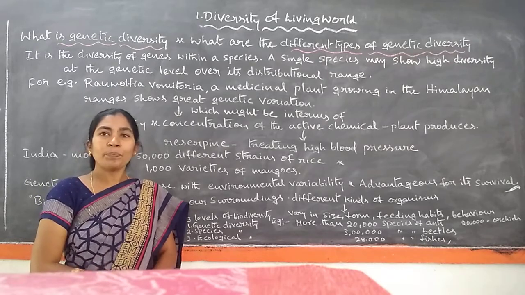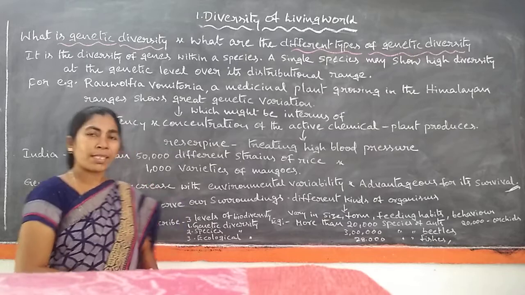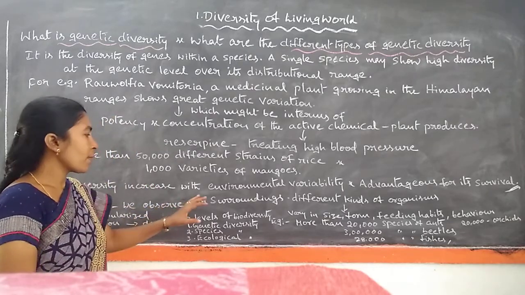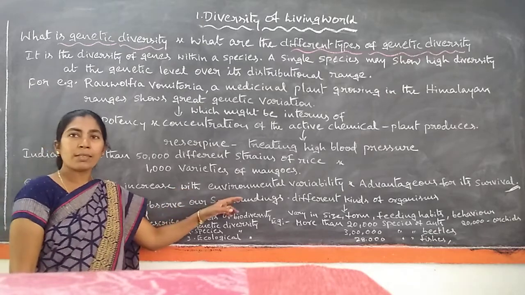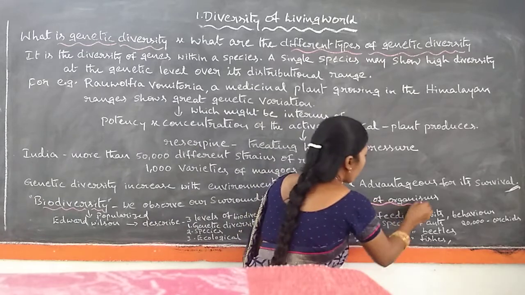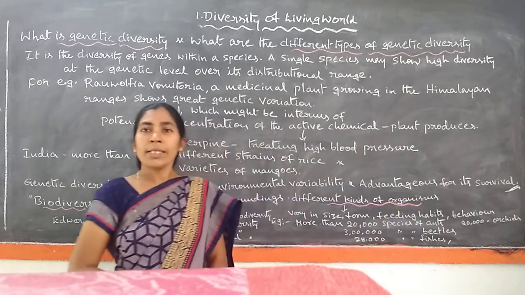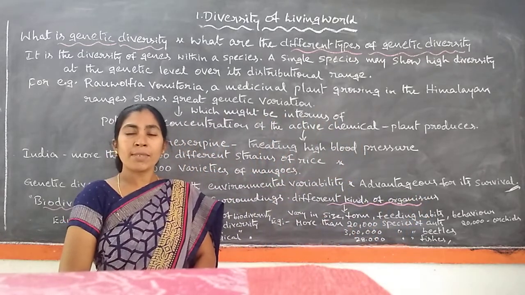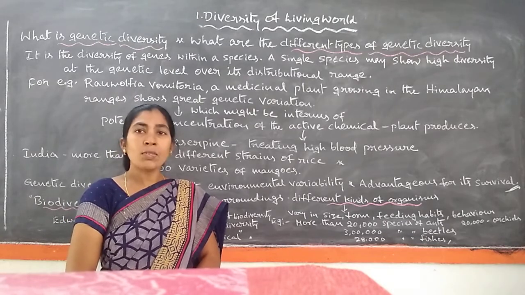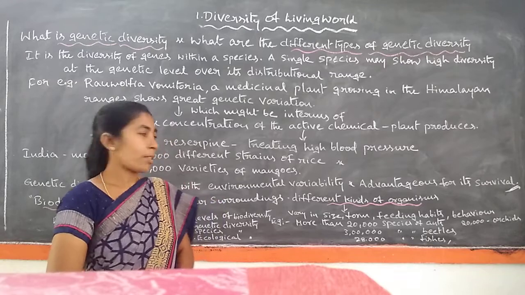Biodiversity means variations that occur in living organisms. When we observe our surroundings, we see different kinds of organisms. Even when we are in one place, we observe different types of organisms.